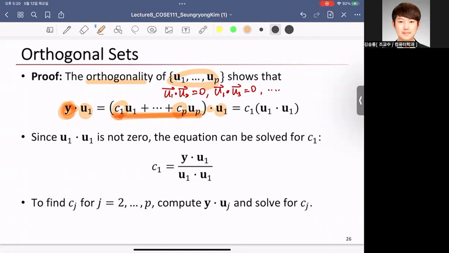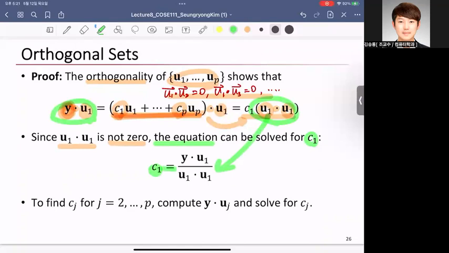Due to orthogonality, this is just c1 times u1 inner product u1. Since u1 inner product u1 is not zero, because u1 is a non-zero vector, the equation can be solved for c1: c1 is equal to y inner product u1 over u1 inner product u1. This is the definition of c1.